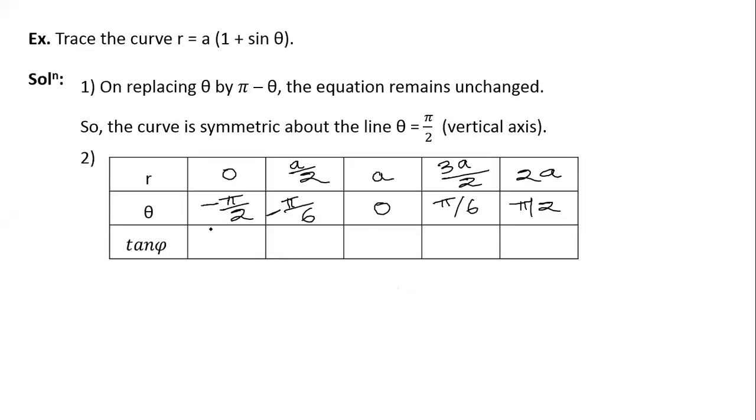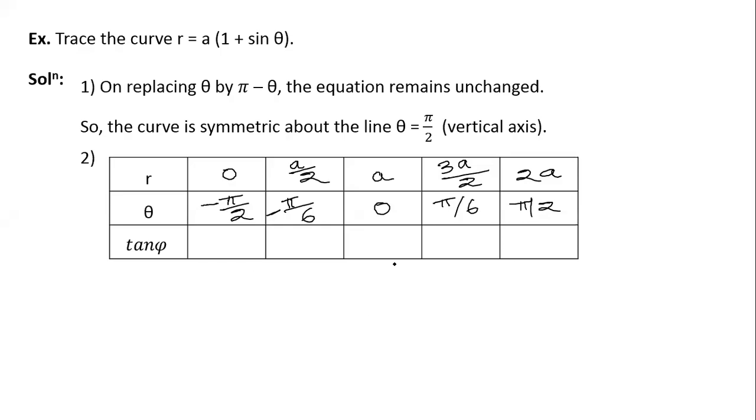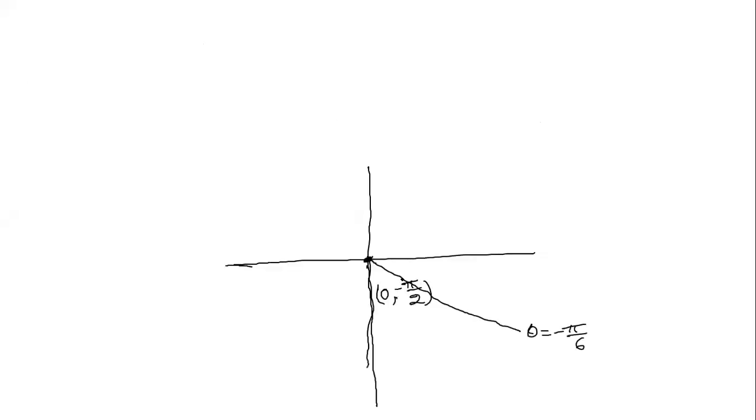Then next is theta equal to minus 30. So approximately, this is the line theta equal to minus pi by 6, and r is equal to a by 2. Suppose this distance is a by 2, and this will be r equal to a by 2 and theta equal to minus pi by 6.